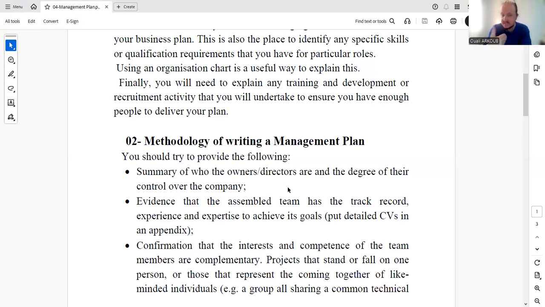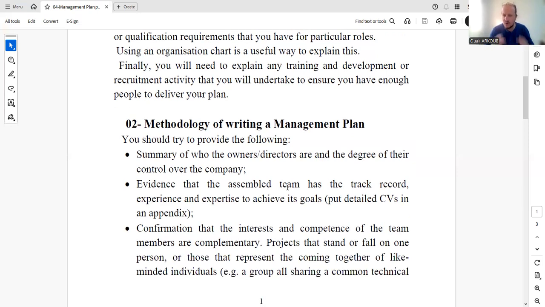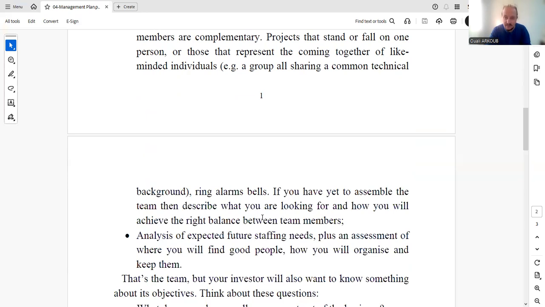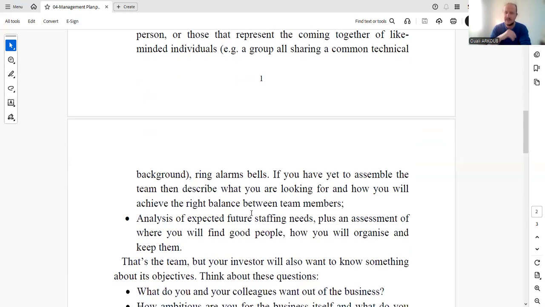Projects that stand or fall on one person or those that represent the coming together of like-minded individuals, for example, a group all sharing a common technical background, in engineering, for example, in management, in finance, etc. Ring alarm bells.